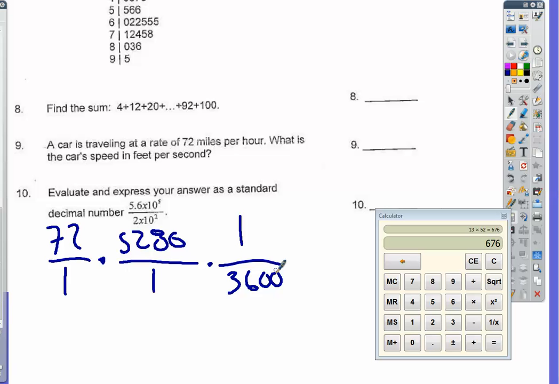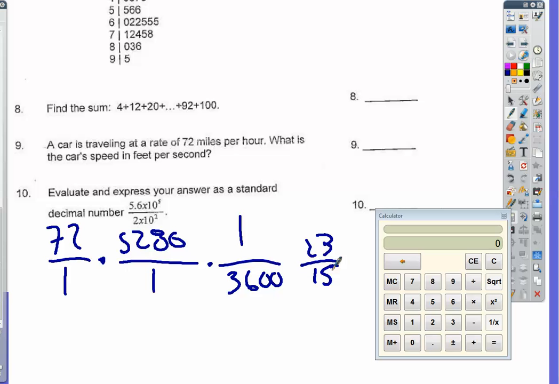So then we reduce, and we will remember by our experiments with a graphing calculator that since you're always going to be using the same numbers, 5280 over 3600 will always be equal to 22 over 15.